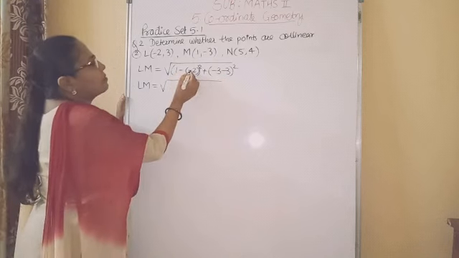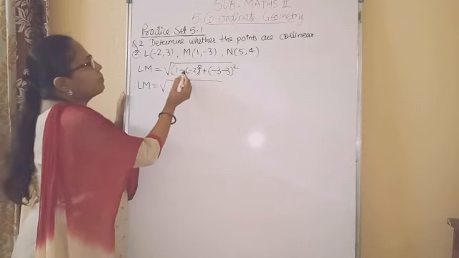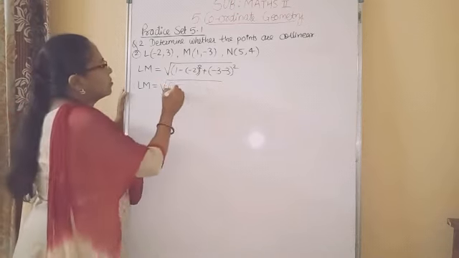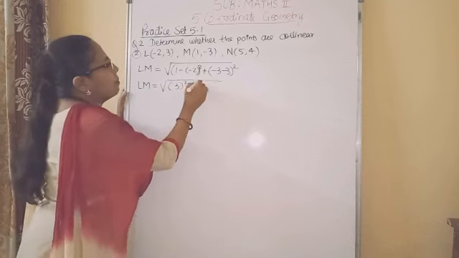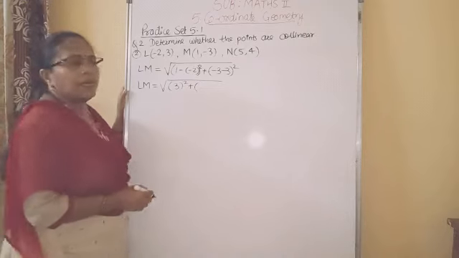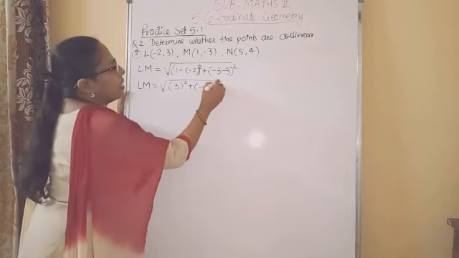Here this minus into minus will become plus and we will get 1 plus 2, so 1 plus 2 is 3. So 3 square plus, minus 3 minus 3 is minus 6, bracket square.